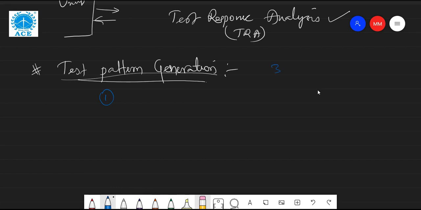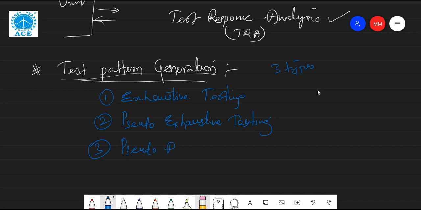The first one is exhaustive testing, the second one is pseudo exhaustive testing, and the third one is random testing, that is pseudo random testing.